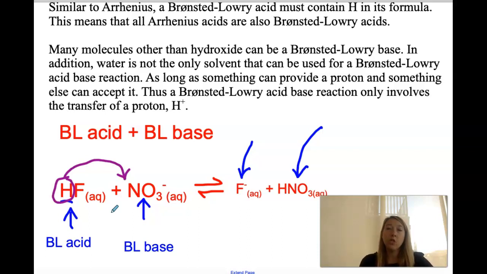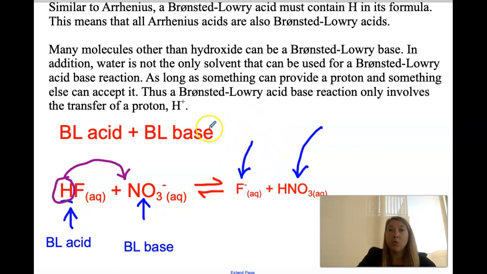So we're dealing with conjugate pairs. We're looking for something that either has an extra hydrogen or is short a hydrogen. Based on that, if I have HF over here, its pair would either be an H2F, although that would never exist, but let's say it would be an H2F because that would have an extra H, or it would be just an F, because that's the difference of having an additional proton or being short a proton.